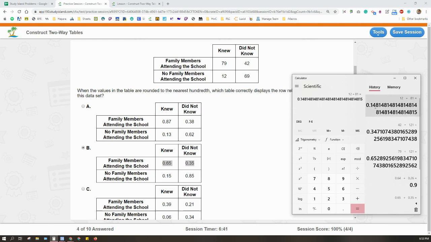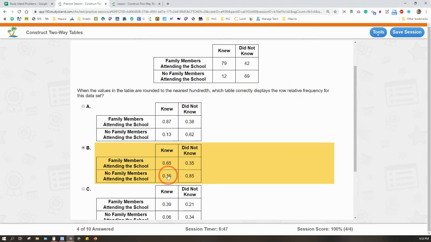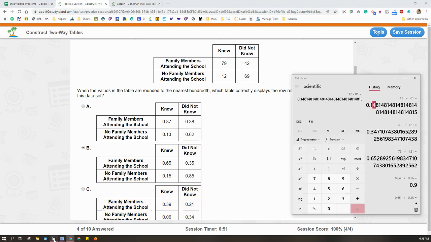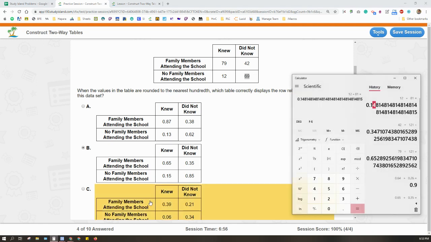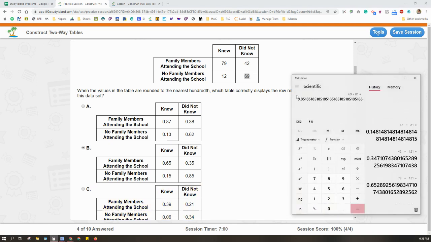And that is 0.148, which rounds to the nearest hundredth of 0.15, which is the number that we want right here, 0.15. And then the 0.85 will also show up there if, again, you take the value in this box and divide it by the total for that row. 69 divided by 81 gets us our 0.85 rounded to the nearest hundredth, and that's the answer.